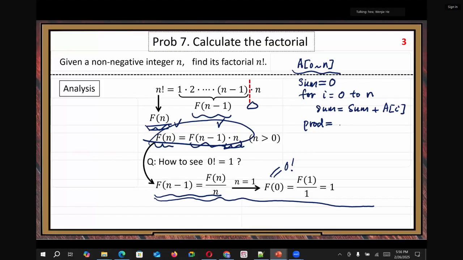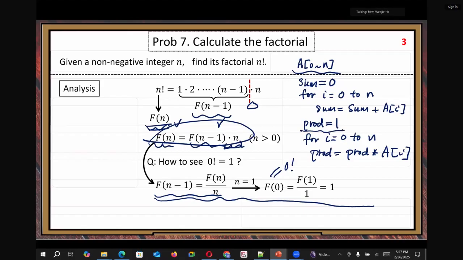Product is 1, not 0. Our initial value must be 1. Then we run the for loop from 0 to n: product equals product multiplied by a of i. See? For product, the initial value must be 1.